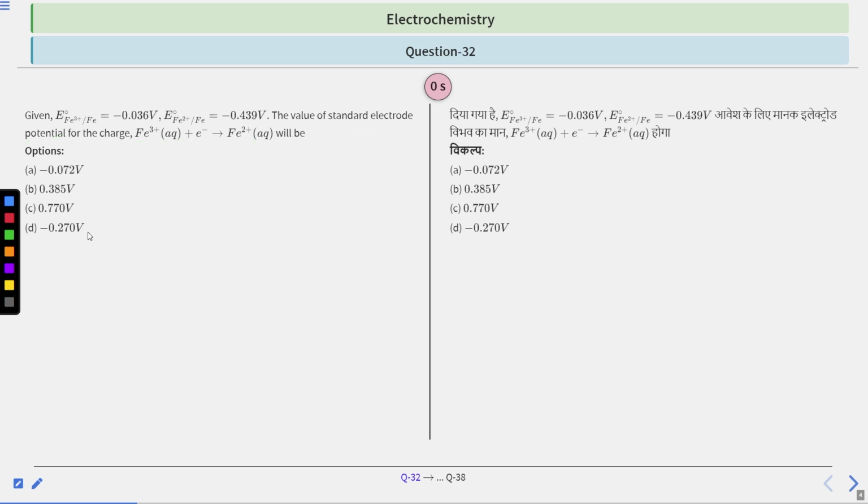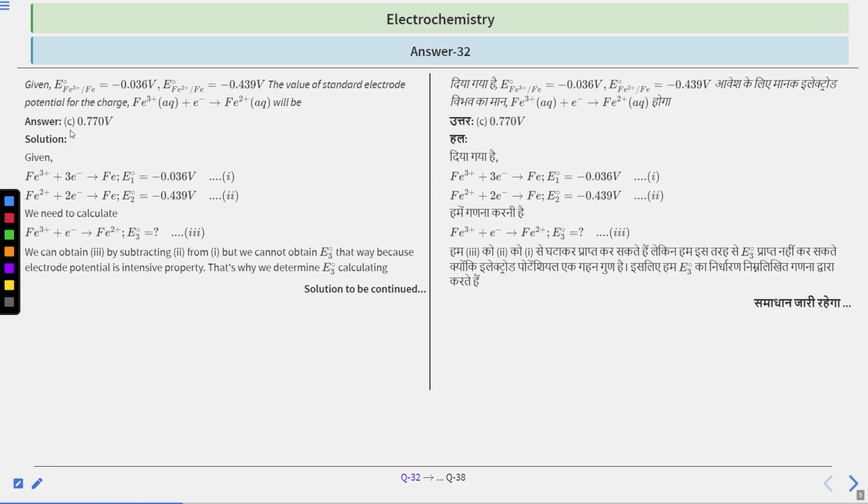Okay, let's see. The correct answer is option C, that is 0.770 volt. As the E naught is given for Fe3+ to Fe, the reaction will be Fe3+ plus 3 electrons giving Fe atom.